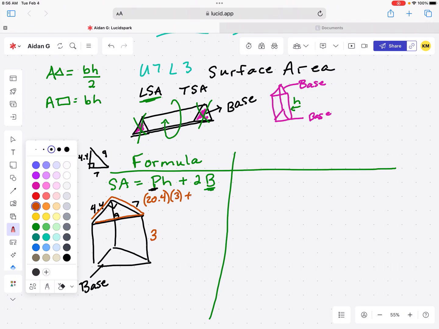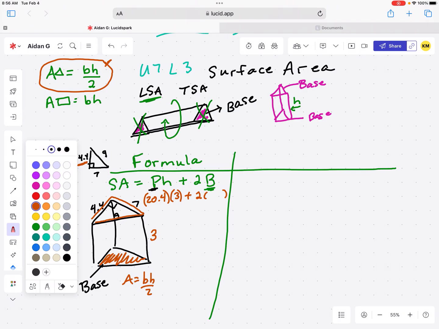Then we're going to say 2 times whatever the area of the base is, and this is the base, the top and bottom. So we use our triangle area formula. Area of a triangle is base times height divided by 2.